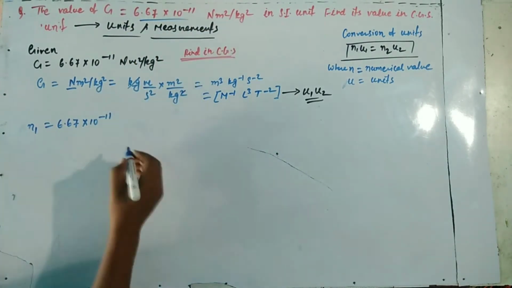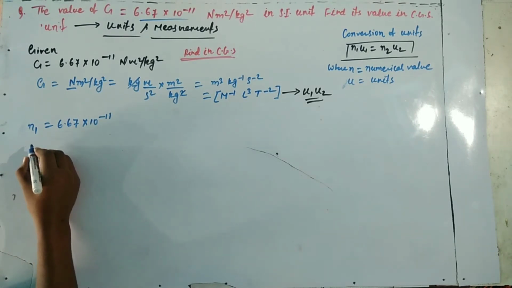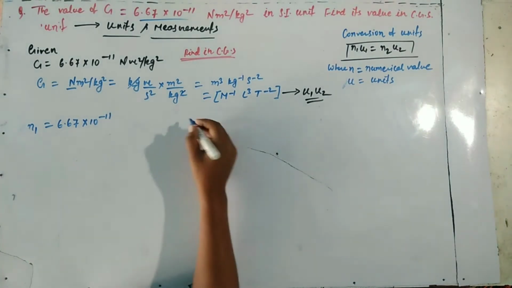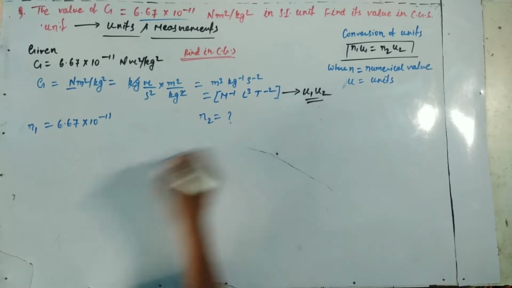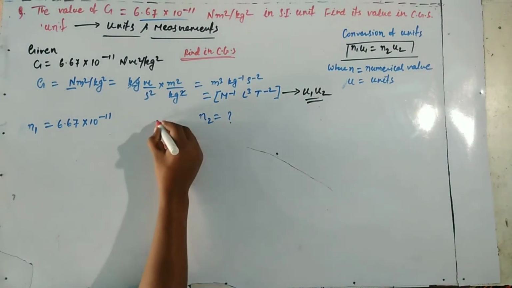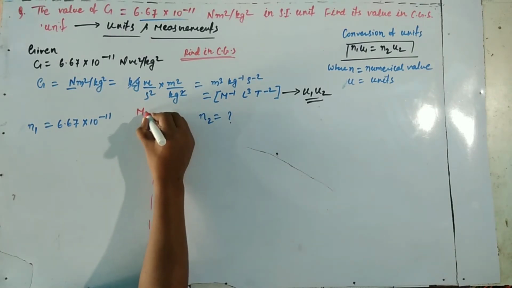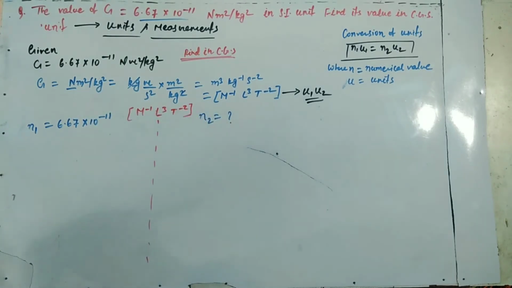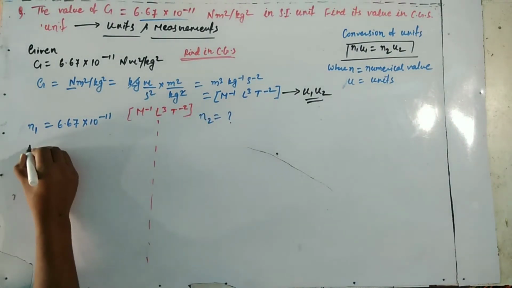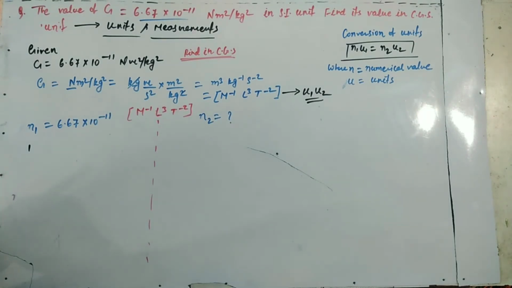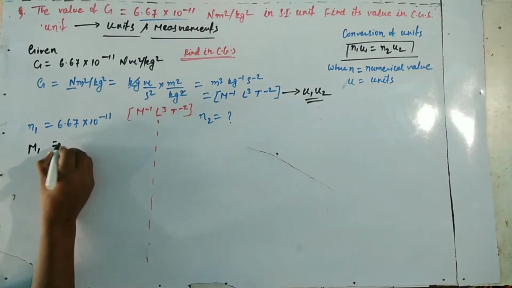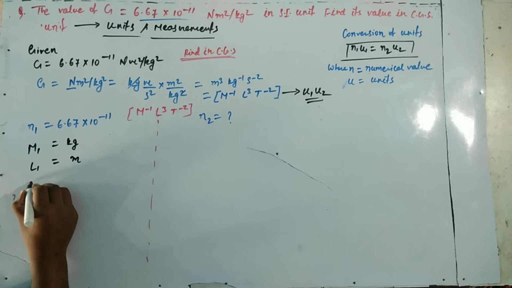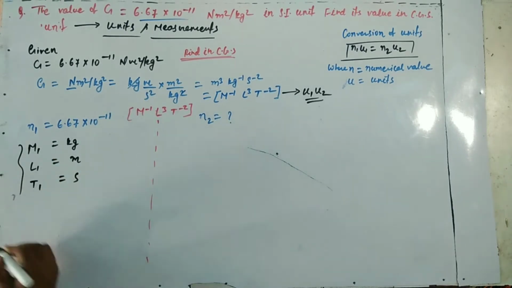Here N1 is given as 6.67 into 10 to the power minus 11. We have to find the value of N2. Put M power minus 1, L power 3 and T power minus 2 here. Now M1 equals kg, L1 equals meter, T1 equals second, and this gives the value of U1.